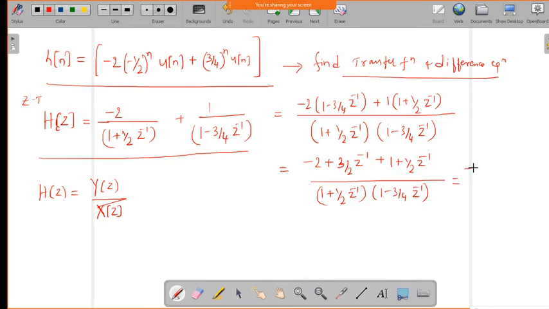Now what will you get? Minus 1 plus, if you take 2 as the common factor, 3 plus 1 is 4, 4 by 2 you will get 2. So 2 into z inverse divided by 1 plus half into z inverse, this into 1 minus 3 by 4 into z inverse.